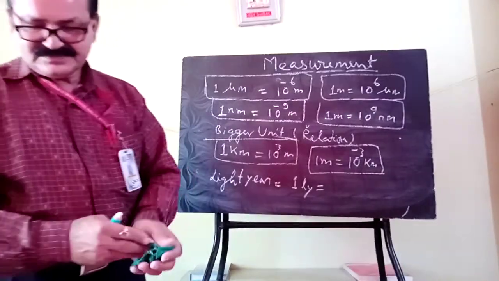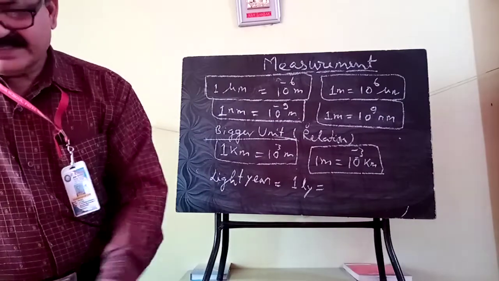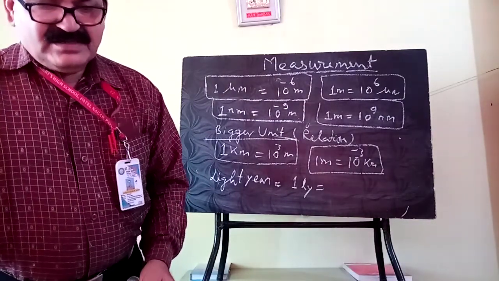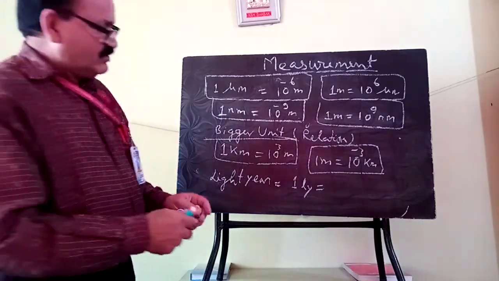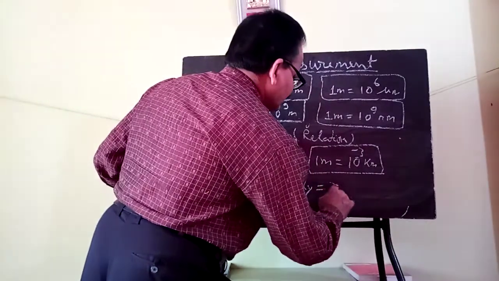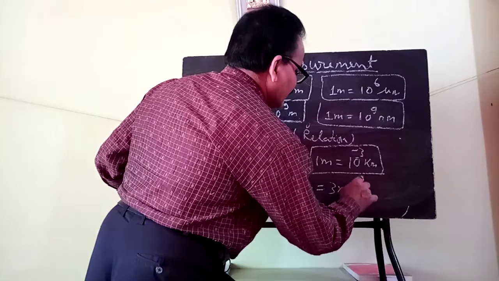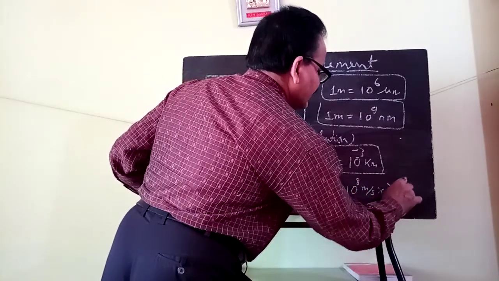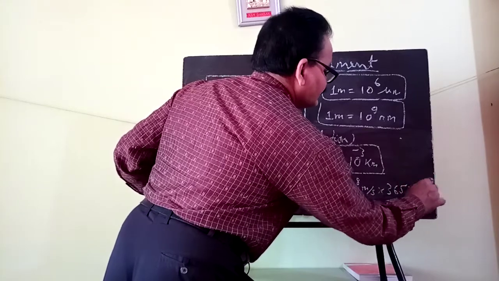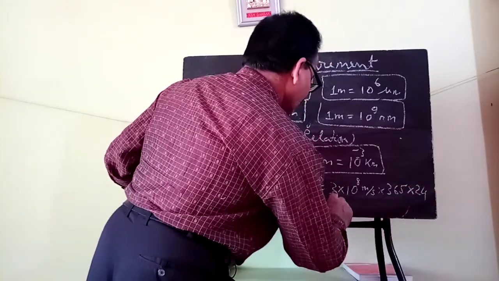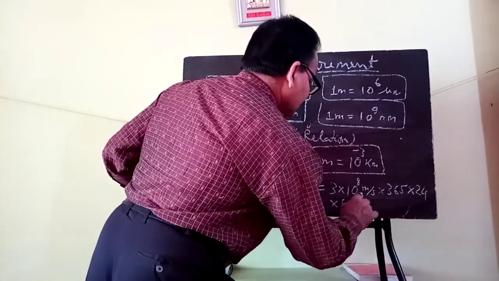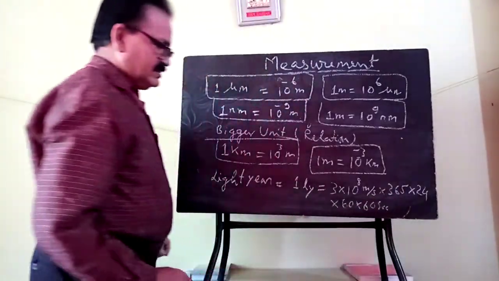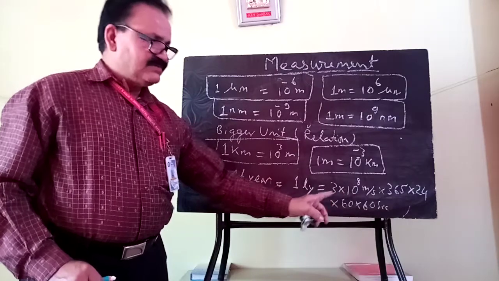Okay. So 1 light year will be equal to 3 into 10 to the power 8 meter per second into 365 into 24 into 60 into 60 seconds. Then we will get the final result.